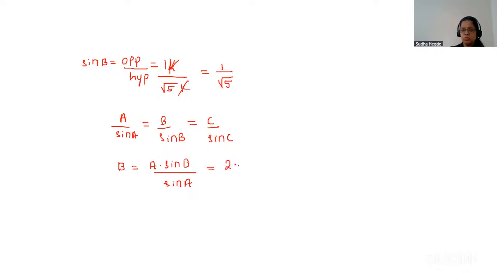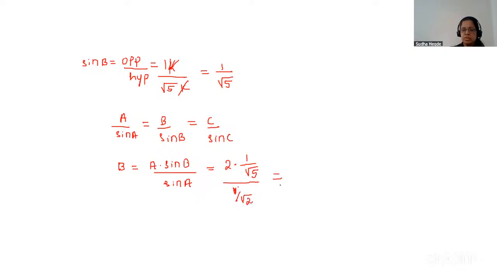A is 2, sine B is 1 by root 5, sine A is 1 by root 2, correct? 1 by root 2.